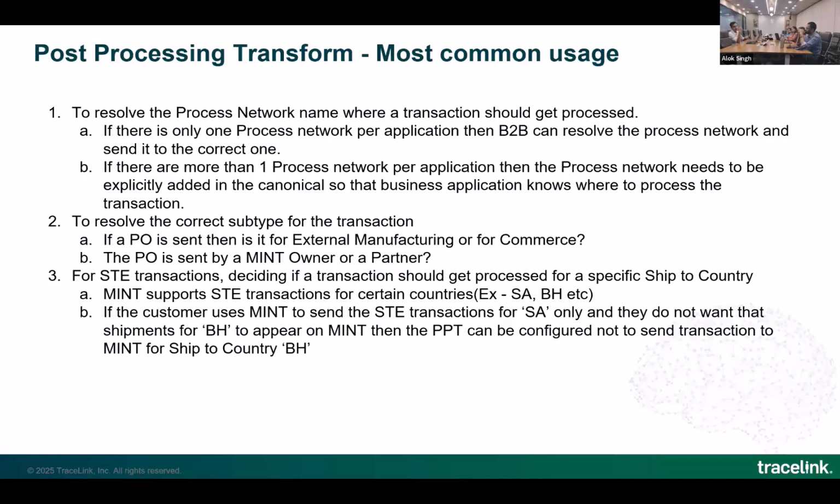Because when you define the roles, manufacturing customer standard or commerce customer standard, there is a submenu that gets enabled on your Mint screen where you can go and check all the transaction content: what is the PO number, sender, receiver, what are the line items, and so on. So when the system knows what the correct subtype is, what the correct orchestration is, external manufacturing or commerce, then you can navigate to that correct role and find out the transaction details.